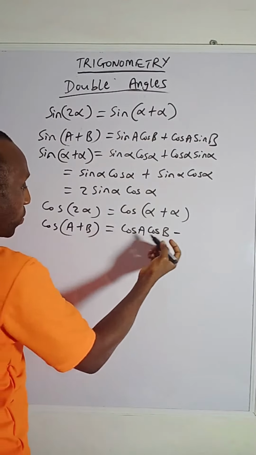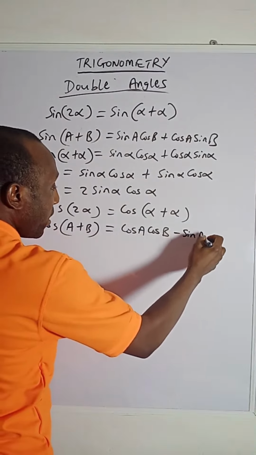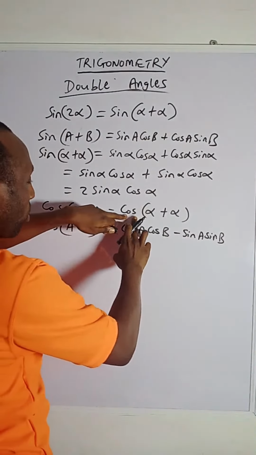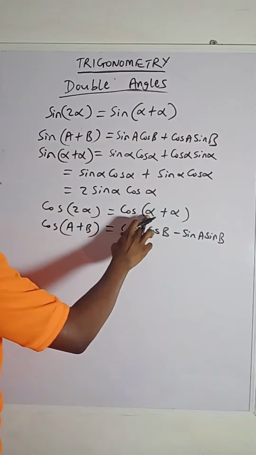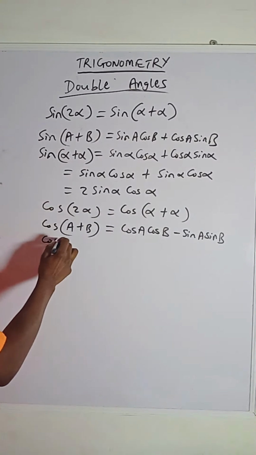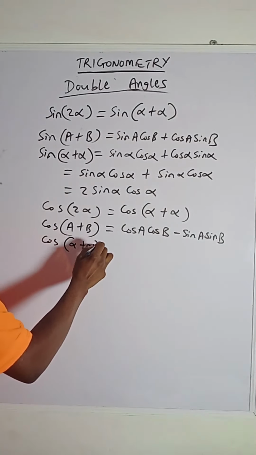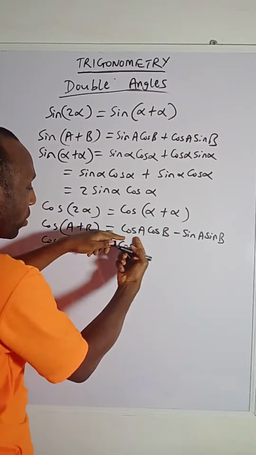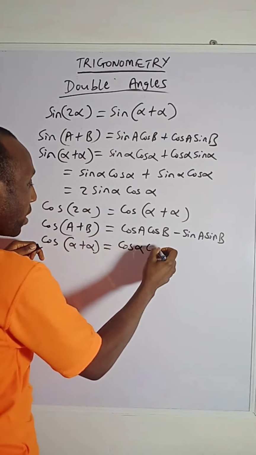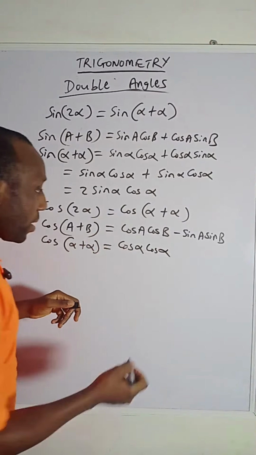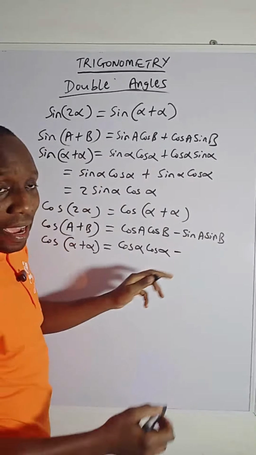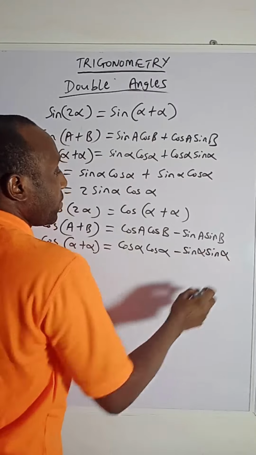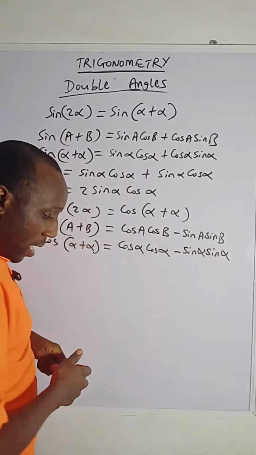Remember, cos A cos B, and then you have sine A sine B. So now cos alpha plus alpha is going to be equal to cos alpha, using this one as a guide, cos alpha again, then minus sine alpha sine alpha. That's what you have. I hope this is clear.